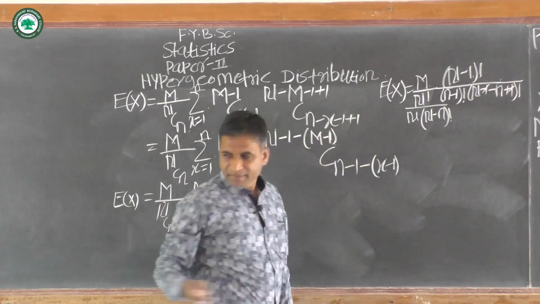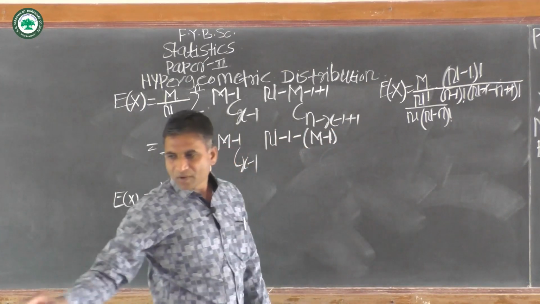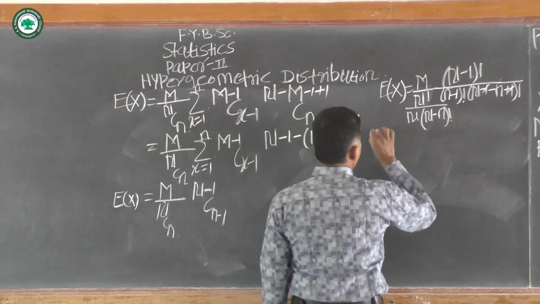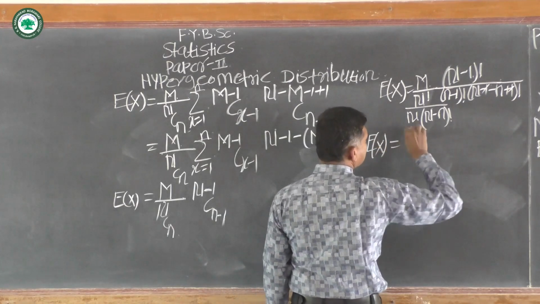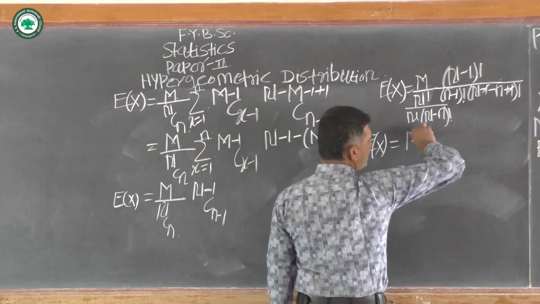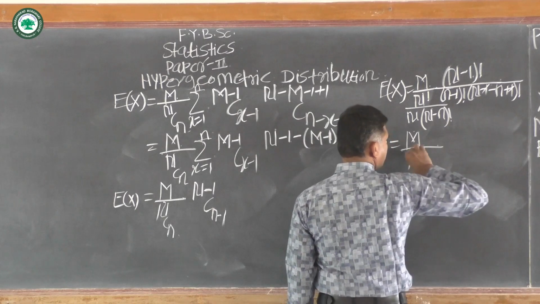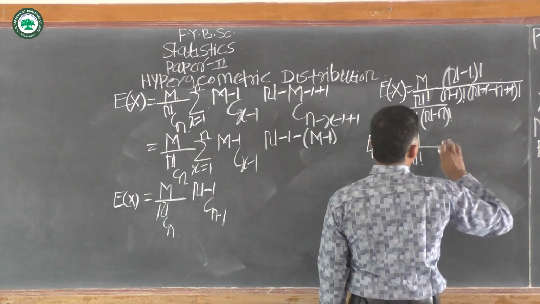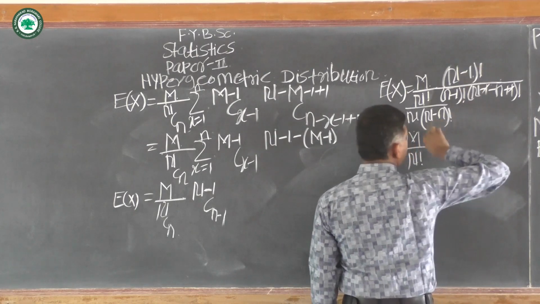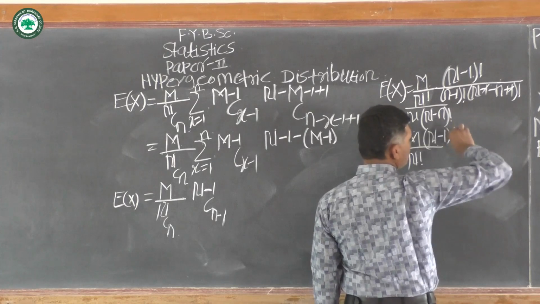Then write down the remaining terms in the next step. The expectation of x is equal to M upon N factorial into (N minus 1) factorial.